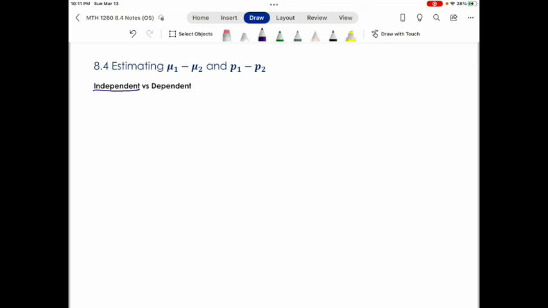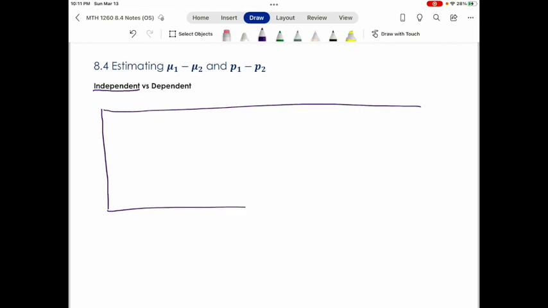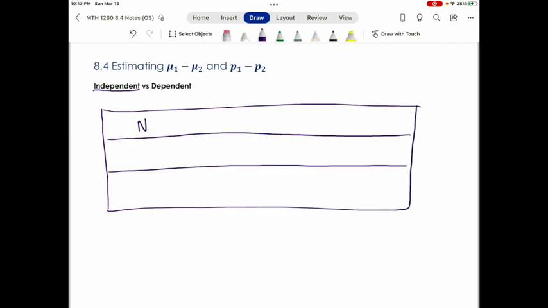Some concepts that you need to know. I'm going to make a table here. If I have some number, I'll call it capital N, and this number lies between two positive numbers, let's say between 1 and 7, so n is greater than 1 but less than 7, then that number has to be positive.